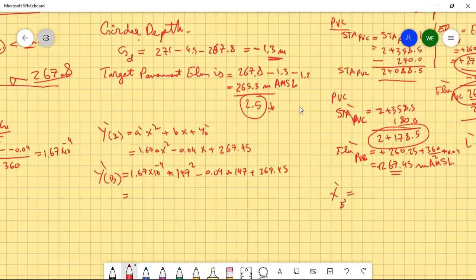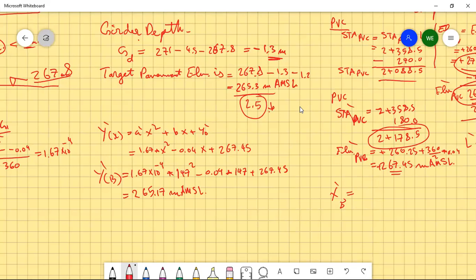So the new elevation in the new curve is going to be 265.17 meters above mean sea level.